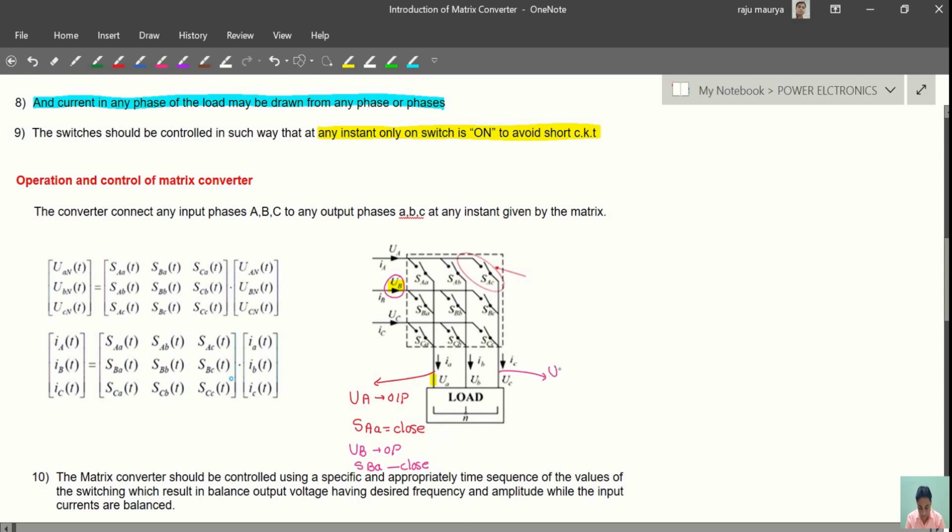Similarly, if we want phase B at the C terminal, then we close SBC.